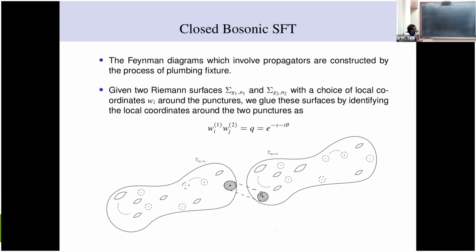Wi1 represents the coordinate around the ith puncture on the first surface, and Wj2 represents the coordinate around the jth puncture of the second Riemann surface. Then you identify them where Q is some complex number parameterized by S and theta.